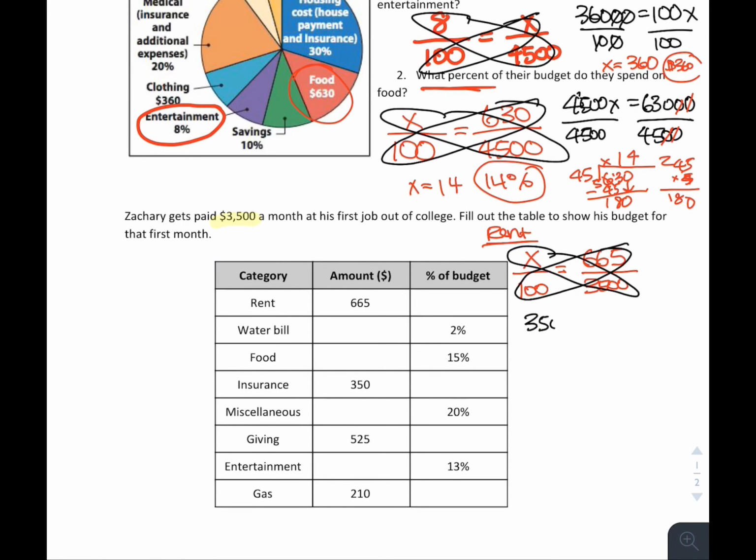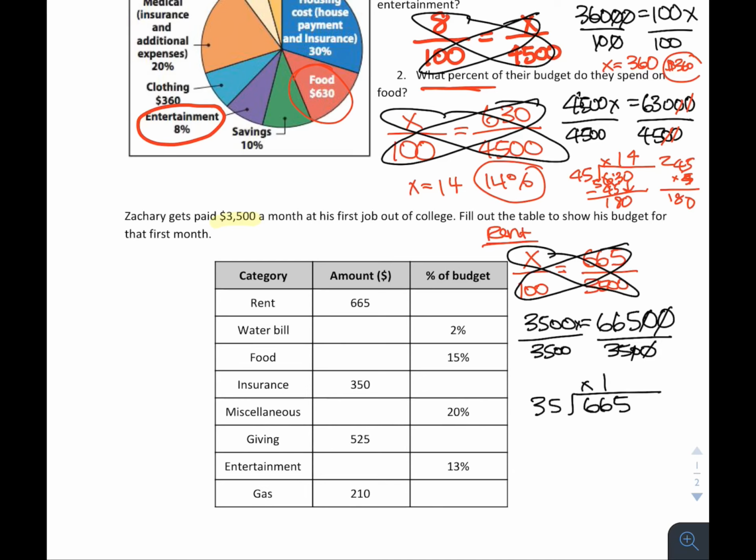This is 3,500 times x equals 665. Add the 2 zeros. This makes it 66,500. Divide both sides by 3,500. Again, you can cross out the 2 zeros, and you can divide 35 into 665.